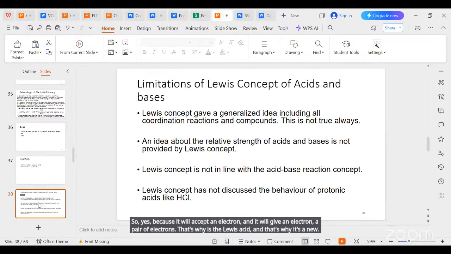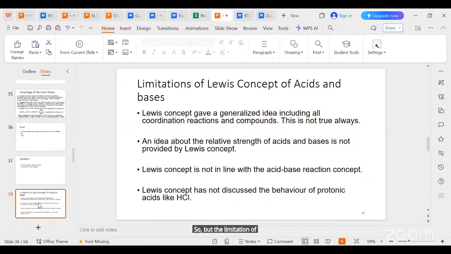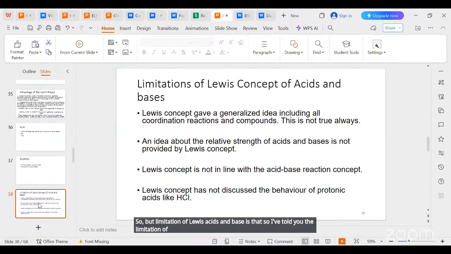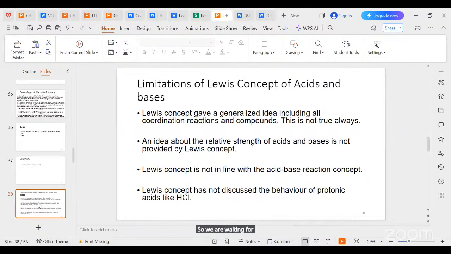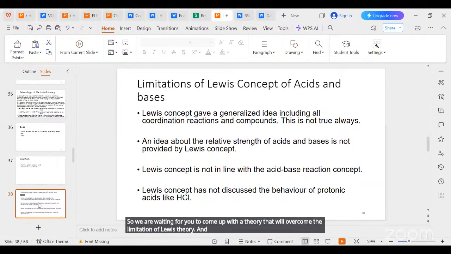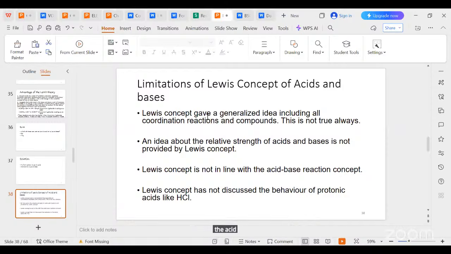But the Lewis theory also has limitations. So we are waiting for you to come up with a theory that will overcome the limitations of the Lewis theory. Somebody among you in my class will do so. We are the scientists of tomorrow.